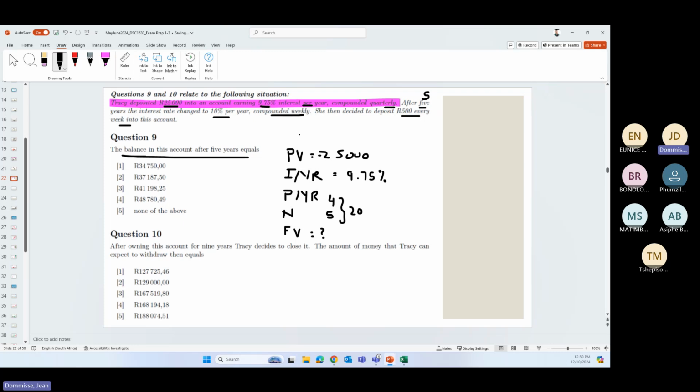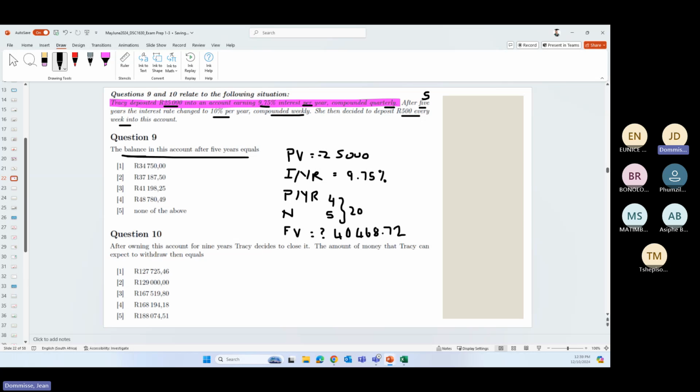Now we need to move to 4 times a year, where some of the previous questions were 12 times, so that's important. 5N tells us it's 20 periods, and the future value that I get is 4468.72.